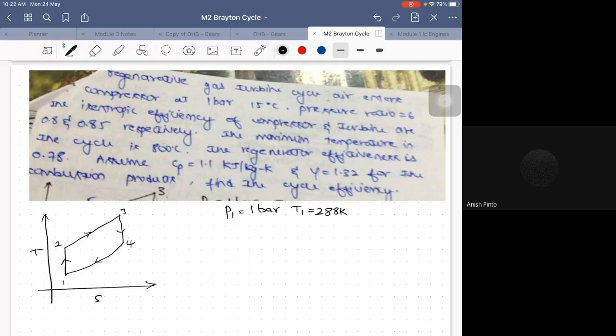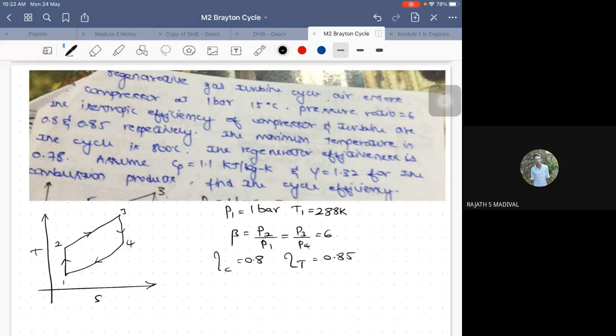Okay. The pressure ratio is 6. What do you mean by pressure ratio? It is beta, which is given, which is nothing but P2 by P1, equal to P3 by P4. That is equal to 6, he has given. The isentropic efficiencies of the compressor and the turbine are given: efficiency of the compressor is 0.8, and of the turbine 0.85.